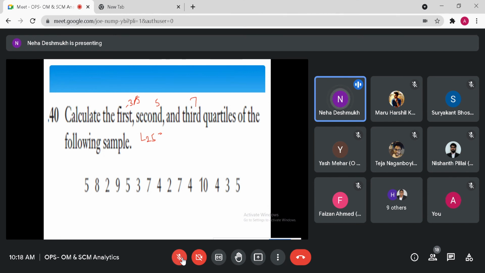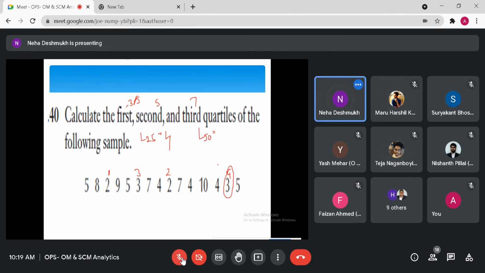What is the location value? 4, ma'am. So the 4th position starts from here: this is 1, 2, 3, 4. This is the first quartile, right? For L50, what is the location value? 8, ma'am.